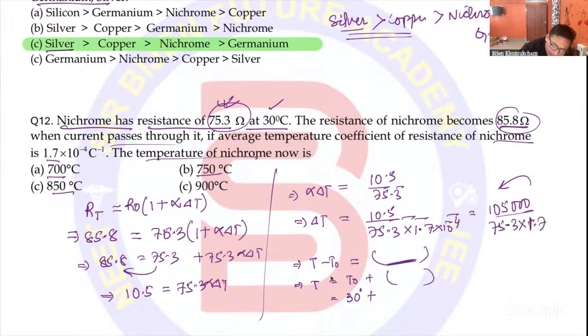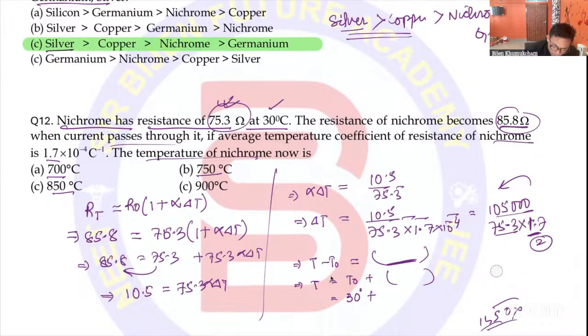If we take 1.7 as 2, then this value is 150.6. Dividing 105,000 by 150.6, the result is more than 700, so 900 could not be the answer.